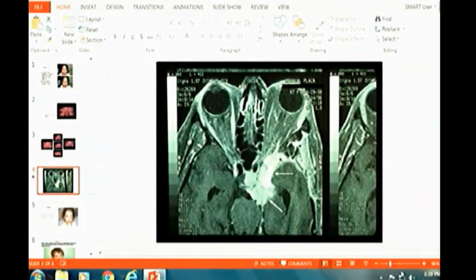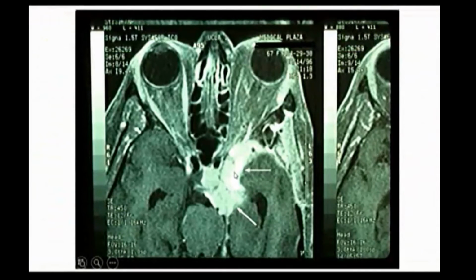Yes, okay. Actually, there is slight movement, but it's not complete. It doesn't go all the way up, but it's not a complete palsy. It's not a complete third nerve, sixth nerve. Okay, so this is a cavernous sinus mass causing a third and partial sixth.